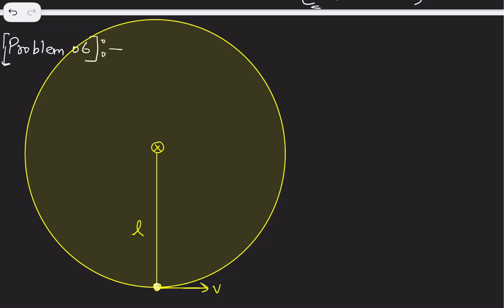Okay, now I'm going to start this problem. It's a good problem. Let's see how we approach it. Let me make the figure first.